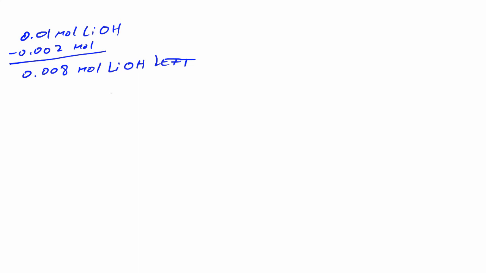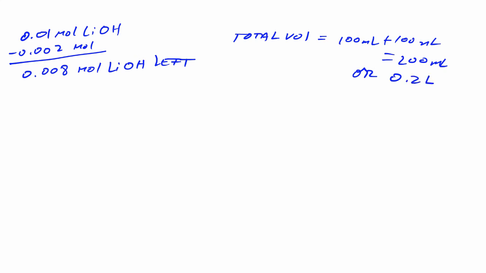Okay? So far, so good. Now, total volume is going to be 100 milliliters plus 100 milliliters, which gives me 200 milliliters. Or, let's get this into liters, 0.2 liters. So there's the volume, here's our concentration.